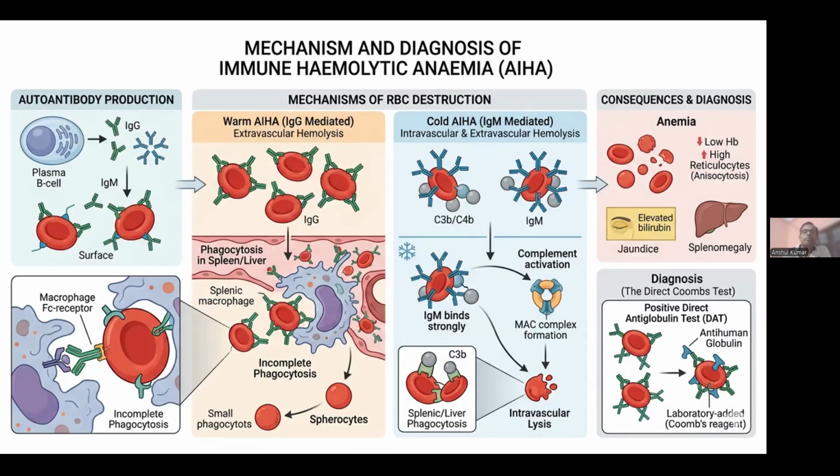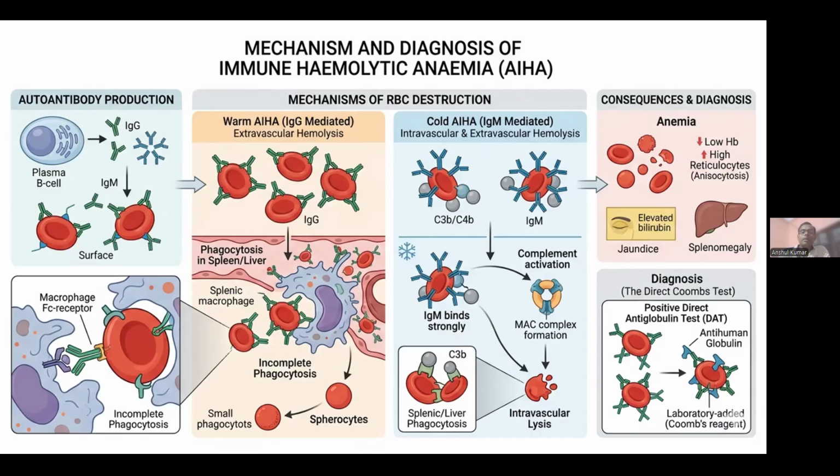Now, we already know that when increased lysis of red blood cells takes place, they break down into different components, and one of the important components is bilirubin, which is usually processed by the liver cells.